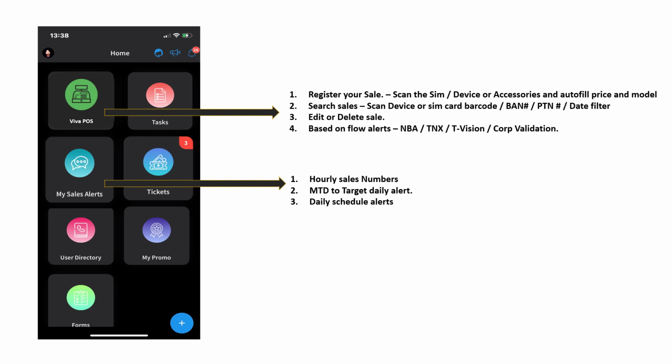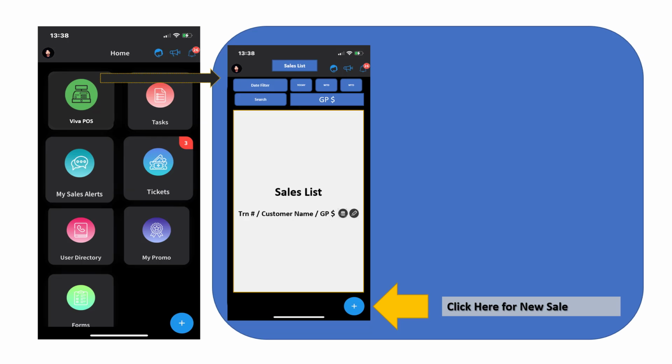And whosoever has a daily schedule, just an hour before the schedule, they will get an alert that within an hour they have a schedule, or 15 minutes before the break, and 15 minutes before the clock out, based on the schedule that has been put up on the Viva Tracker. Rest all things are the same as what I've shown you. My promo will change into my drive, right? So that's another piece of it.